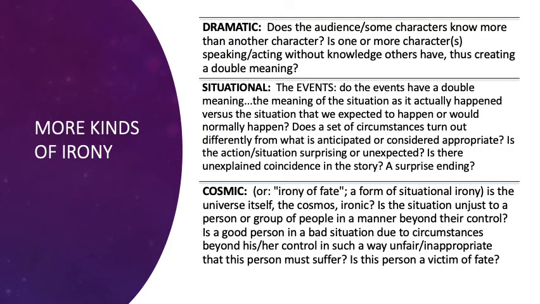Now, the other 3 kinds of irony are dramatic, situational, and cosmic. Again, double meanings abound. Dramatic irony is when the audience or some characters know more than another character, so everything the character does has 2 meanings. The prime example of this is Oedipus in Oedipus Rex, or Oedipus the King, written by Sophocles in ancient Greece.